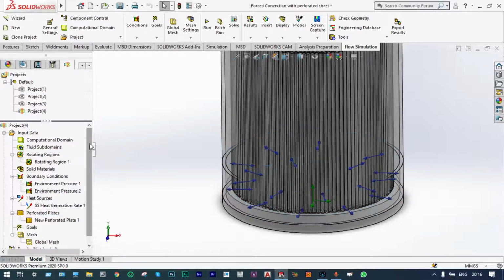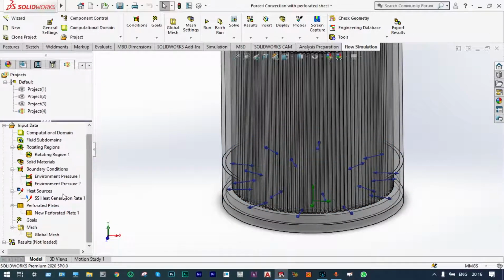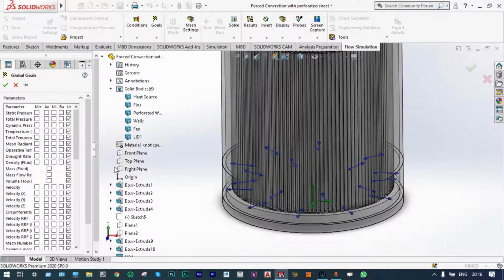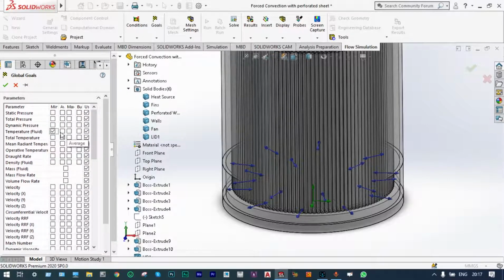Green check. Next, we have to select some goals. Insert goals. In this case, you have to select some global goals. You're going to have maximum, minimum, and average temperature of fluid. At the same time, that of solid also has to be taken. So we are selecting minimum, average, and maximum temperature of fluid.